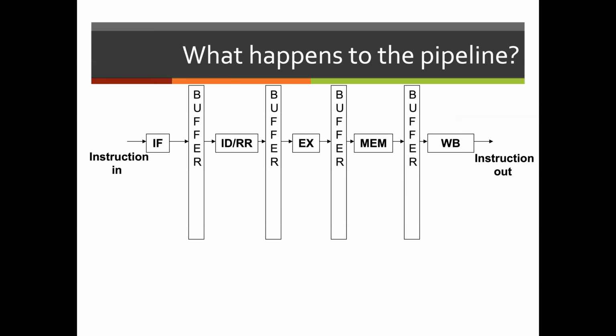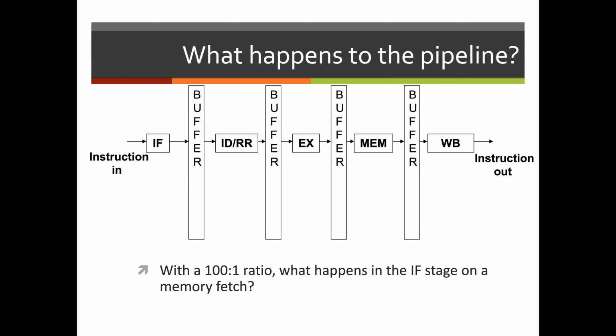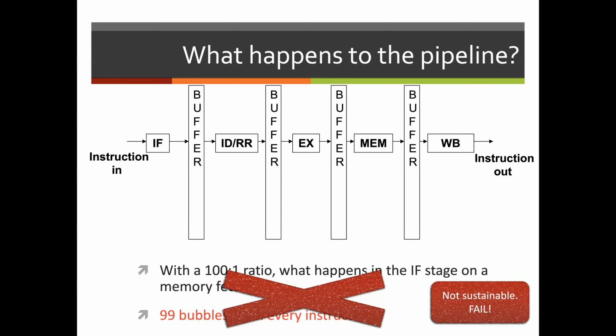So when we go back to our pipeline with a 100 to 1 ratio, what happens in the IF stage on a memory fetch? That'll be 99 bubbles for every instruction. So in a fully working program, that's not a necessarily sustainable approach that we want to take.